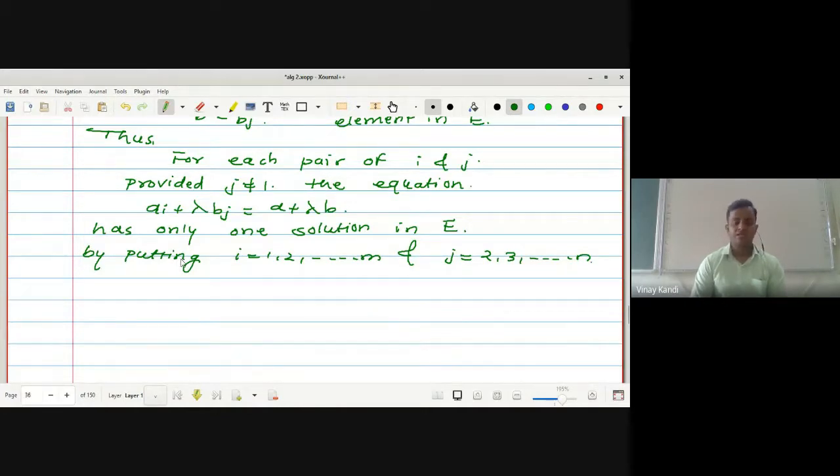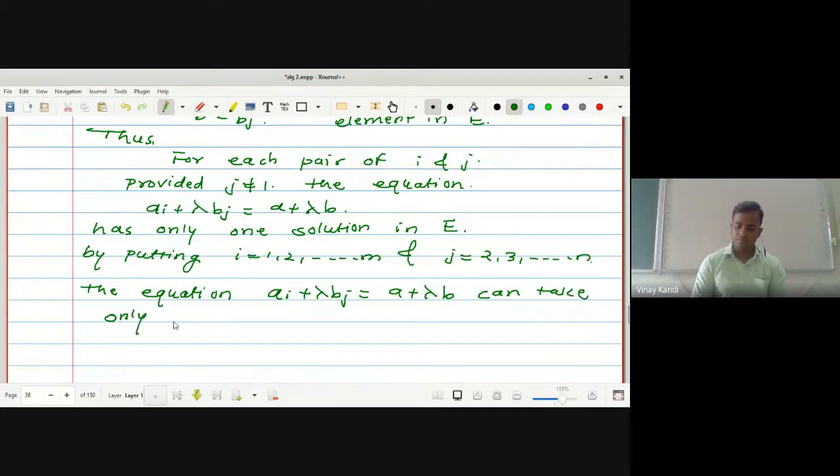By putting i is equal to 1 to m and j is equal to 2 to n, the equation ai plus lambda bj is equal to a plus lambda b can take only a finite number of forms.